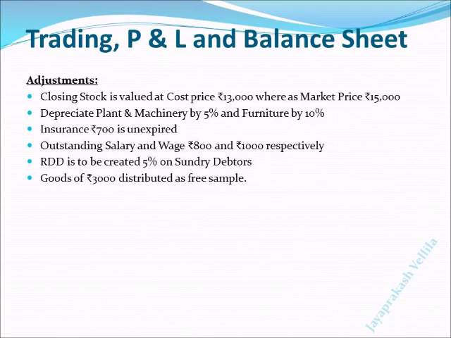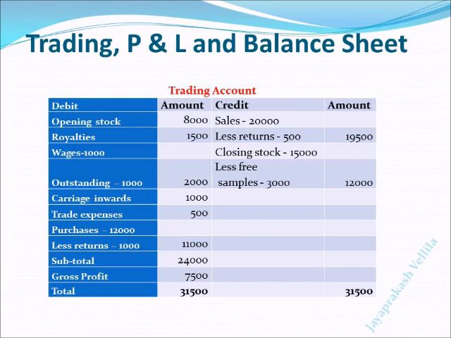Closing stock, we know that market price to be taken as closing stock, it is 15,000, but there is also given in the adjustments goods of 3,000 distributed as free sample. This 3,000 should be deducted from the closing stock, which cannot be calculated as stock. So when deducting 3,000 free samples from closing stock 15,000, we get 12,000.